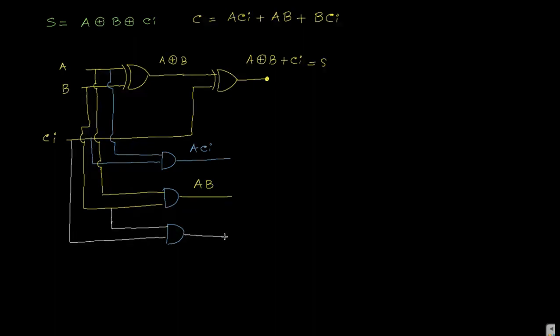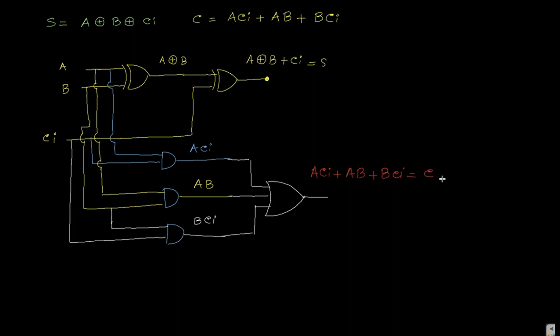So this is your BCi. Now they are ORed, that is the ACi or AB or BCi. That means if you feed this in an OR gate, this is your OR gate, and the expression is C is nothing but ACi plus AB plus BCi. This is nothing but the C.